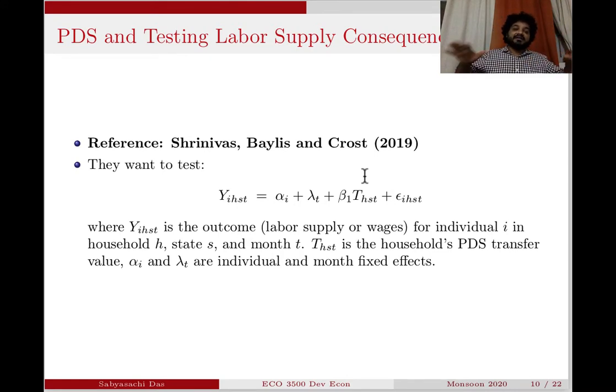And now various states prior to 2013 had different amounts of this, both in terms of price, the price at which they were selling these grains at the fair price shops, as well as the quantity allocation ration for every individual as stipulated by the state. So basically the state after 2013 had to match up at least to the level that was stipulated by the central government, but also could do better.